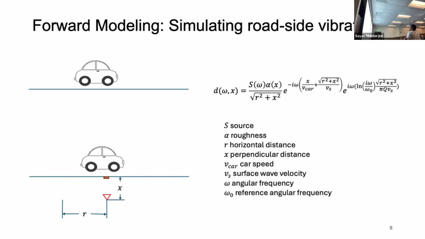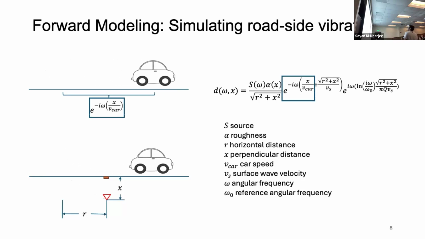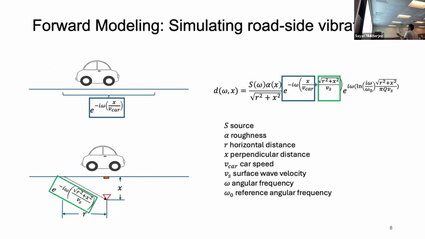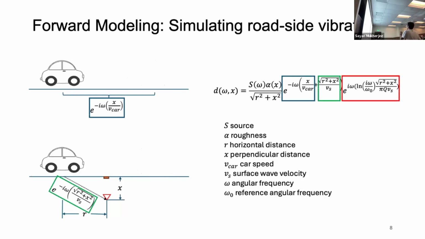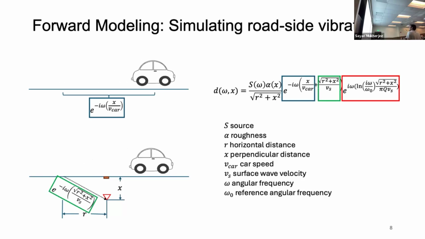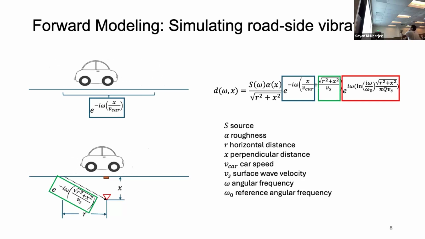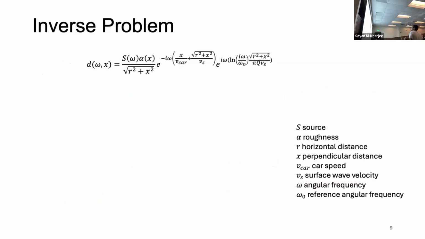This term shows the source delay, the terms in the green rectangle show the wave propagation, and the final term shows the attenuation. After we have these forward modeling equations, we can do the inversion.